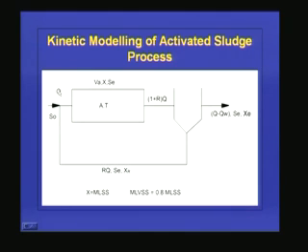This is Q, the quantity of wastewater coming into the system, and S0 is the substrate concentration or ultimate BOD of the wastewater. We are assuming that the microorganism concentration in the incoming wastewater is negligible compared to the biomass concentration in the system.